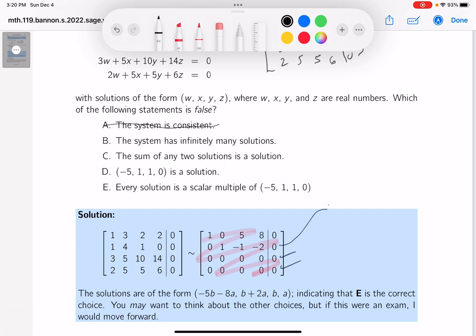So I want to write this one down for you. That would be read as X equals Y plus 2Z. And the first row is W equals minus 5Y and then minus 8Z.